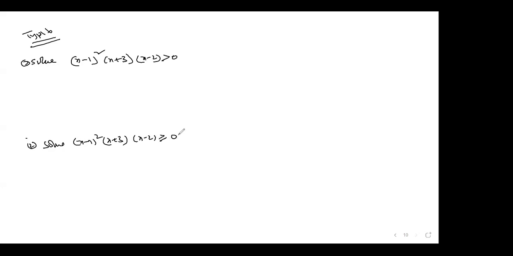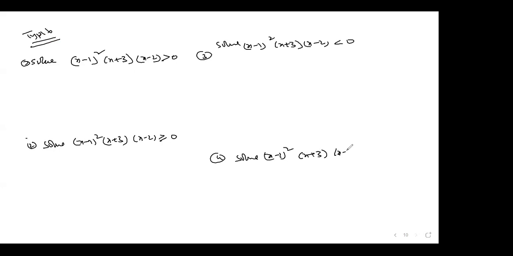Greater than or equal to 0. Third one is x minus 1. Same question, slight differences are there. You have to catch this. Less than 0. Fourth, less than or equal.